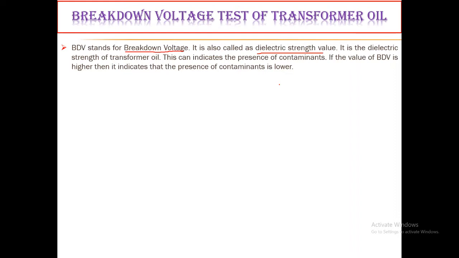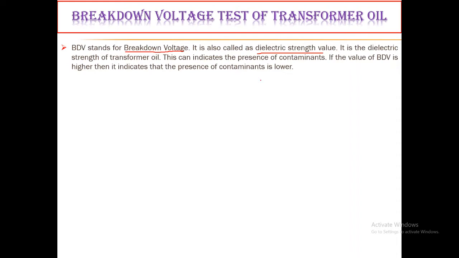There might be a little confusion between dielectric strength and breakdown voltage. The breakdown voltage defines the voltage at which the breakdown will take place, and the dielectric strength defines the capacity of the insulation to withstand the maximum stress.